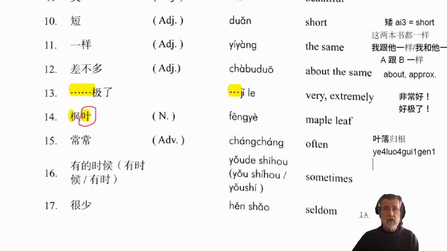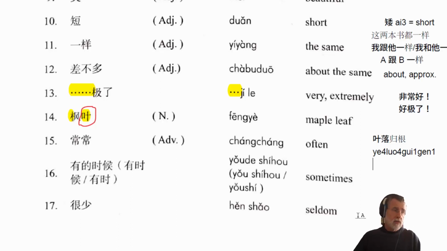And then our final expression here, which is seldom. 很少. I have a feeling I've actually missed one. I have. I'm going to jump back to that in a moment. I missed one just before, and it relates to this. So, okay, let's do it now. 姚老师 in the final oral exam might ask you, 你常常回家看父母亲吗?